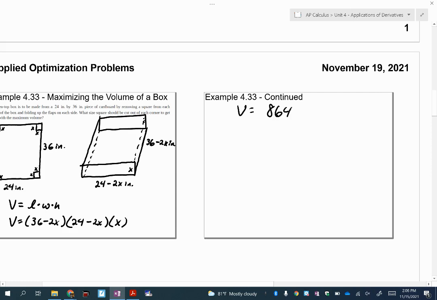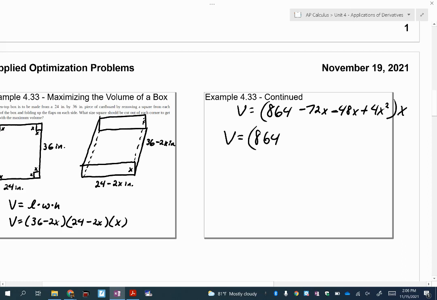Then 36 times negative 2x is negative 72x. Negative 2x times 24 is negative 48x. Then we have positive 4x squared. Now that's not everything because we need to multiply that by x. Let me simplify first.